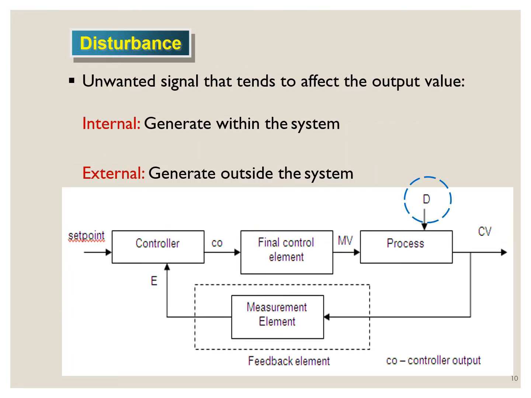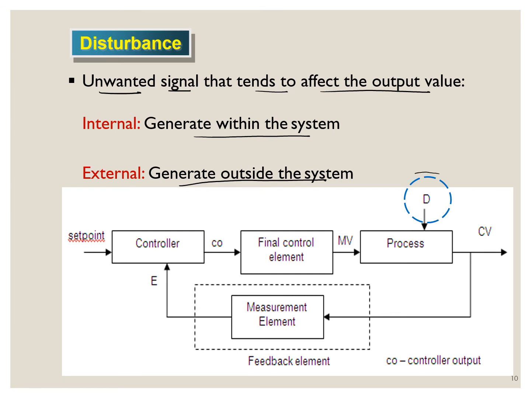Next is our disturbance. Like what I said in the previous video, it is an unwanted signal that tends to affect the output value. Disturbance can be internal, generated within the system, or external, generated outside the system.